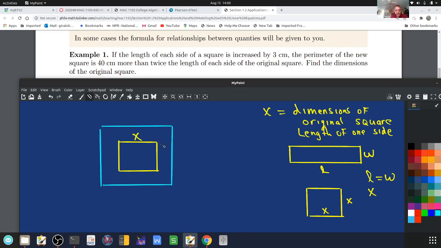And as it turns out, the length of each side is going to be increased by 3 centimeters. That means the length of this square's side up here is going to be x plus 3. Of course, since it's a square, the length of each of the sides is going to be x plus 3.